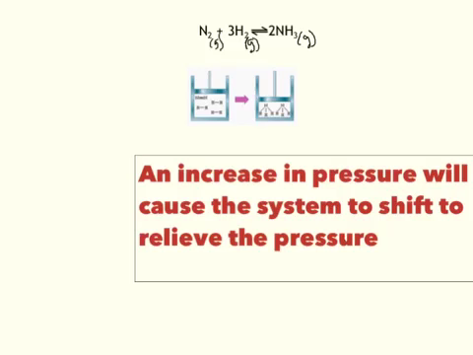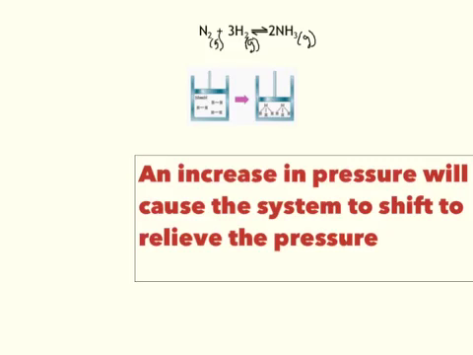Now, notice that on the reactant side of this equilibrium, we have 1 molecule of nitrogen and 3 molecules of hydrogen, or 1 mole of nitrogen and 3 moles of hydrogen. Okay? But that's a total of 4 molecules on the reactant side. On the product side, we have 2 ammonia molecules, or 2 moles of ammonia.